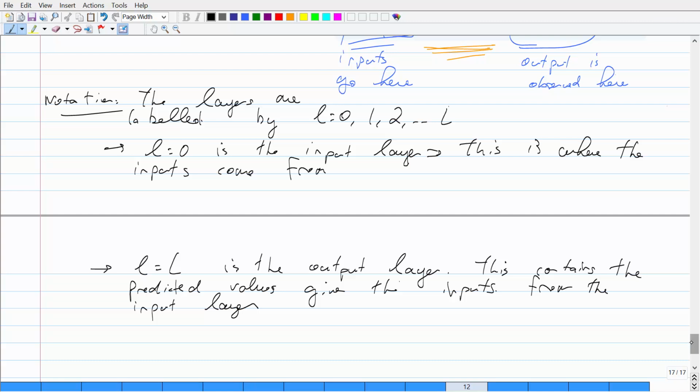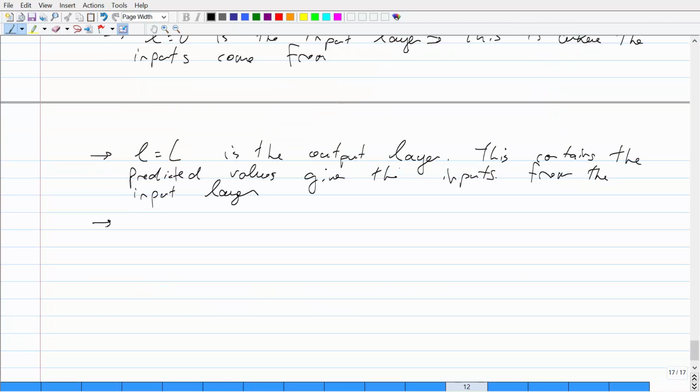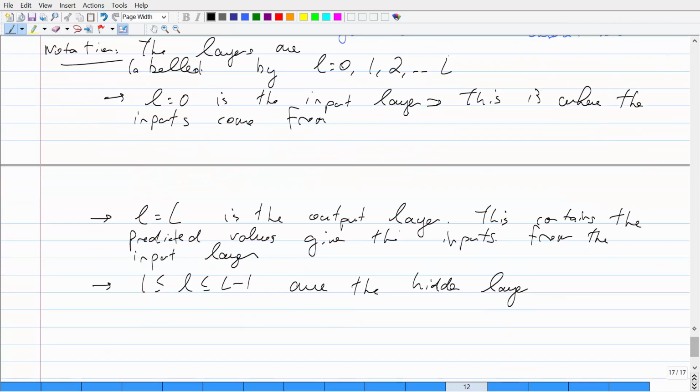Okay, and then all the other layers, all the other neurons. We've got between 1 and L minus 1. These are what are known as the hidden layers. The reason they're hidden is because we don't actually directly deal with them. The hidden layers do the computation based just on the inputs of the input layer.